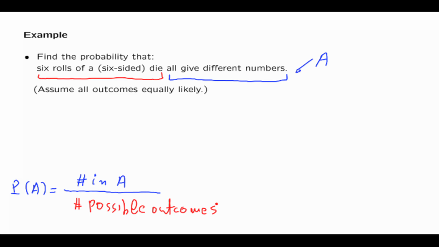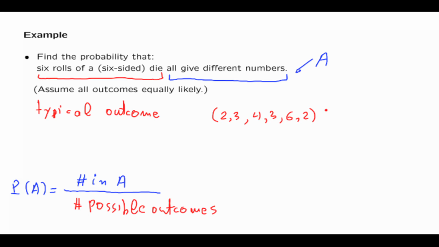So let us start with the denominator and let us look at the typical outcomes of this experiment. A typical outcome is something like this sequence: 2, 3, 4, 3, 6, 2.